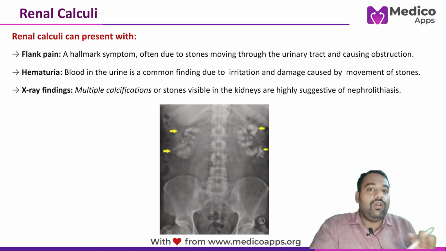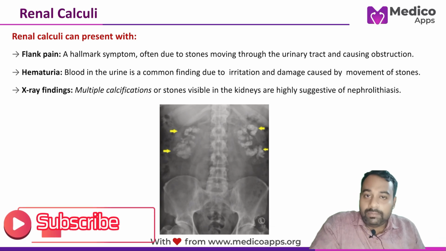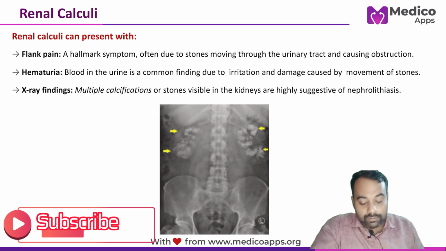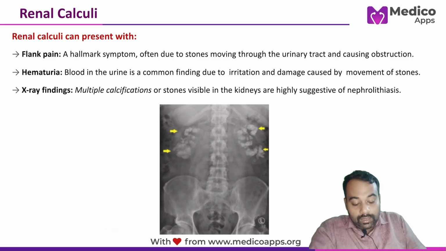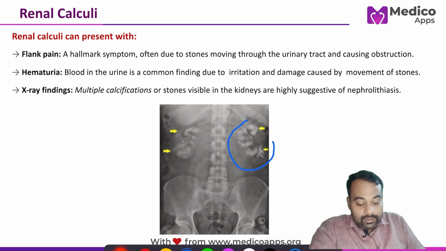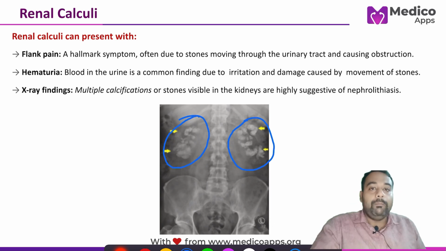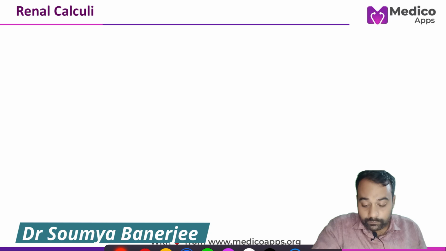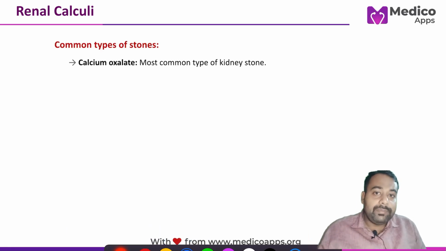Not all kinds of stones are seen on the X-ray, but most of them commonly are. There is an image given here so you can get the idea. In the X-ray, they are typically seen like this. There are visible multiple calcifications. Okay, so this is how renal calculi typically present.